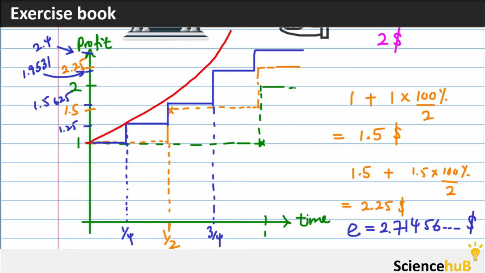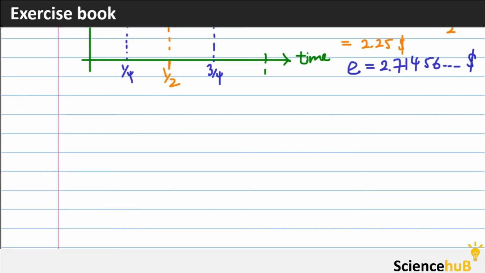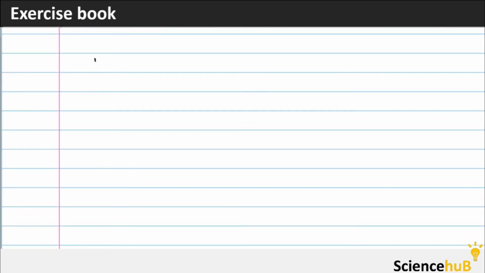It is very smooth. Now let's do the advanced analysis. Let's draw the plot again. This is time and this is profit.